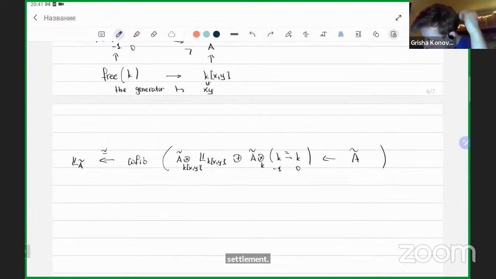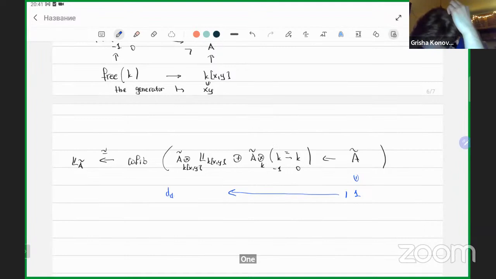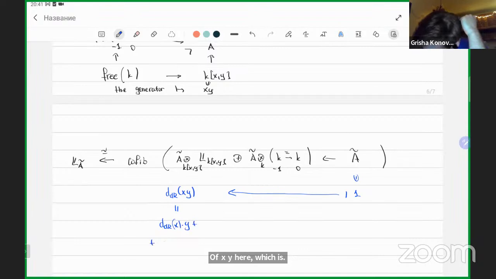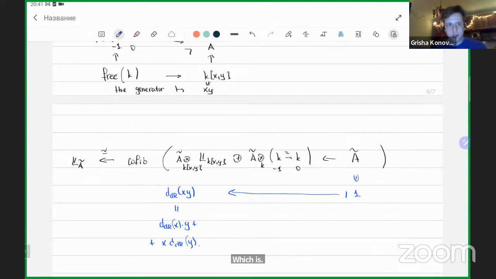So one here goes to d of xy here, which is dx times y plus x dy, which is not hard to check, I guess.